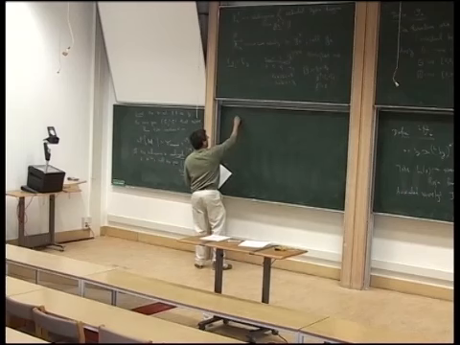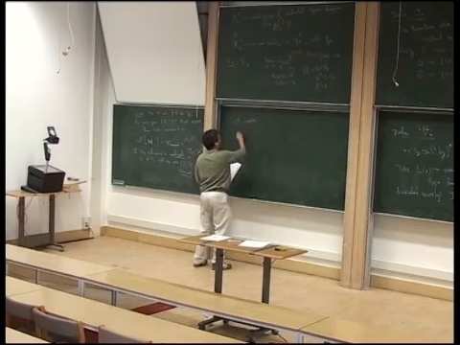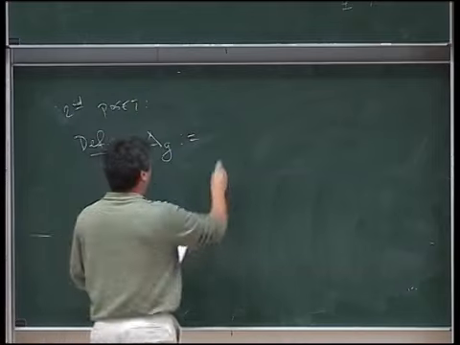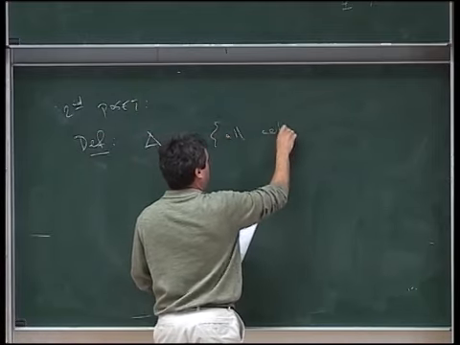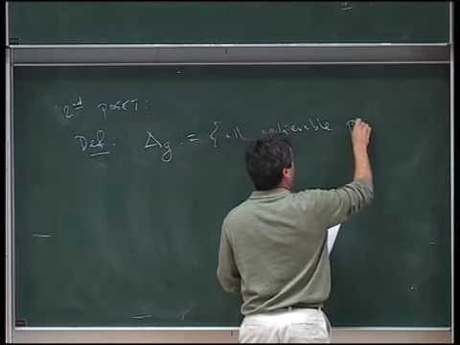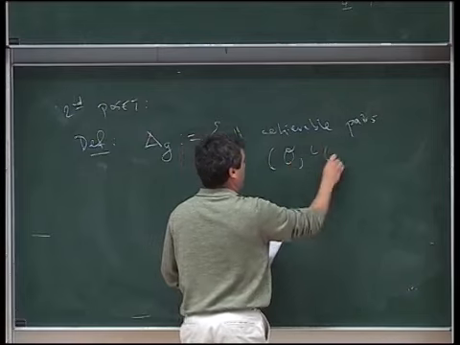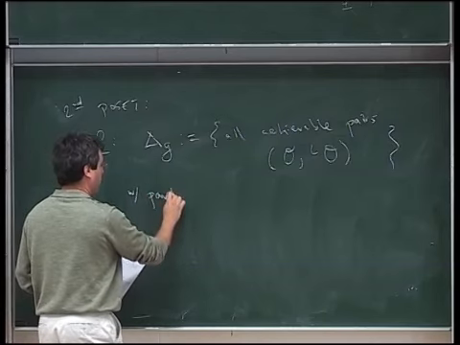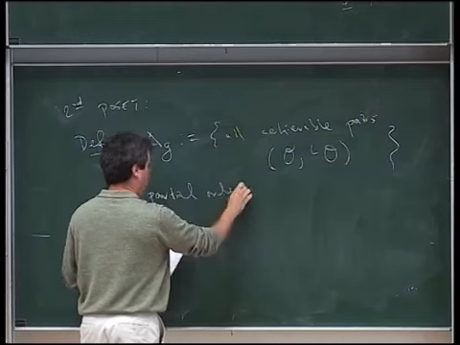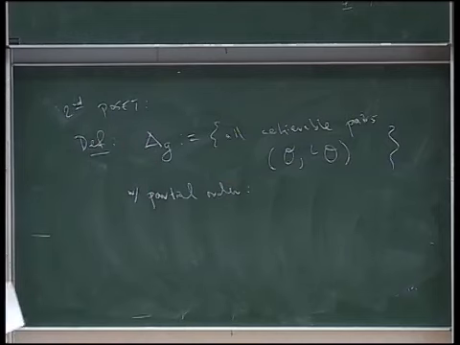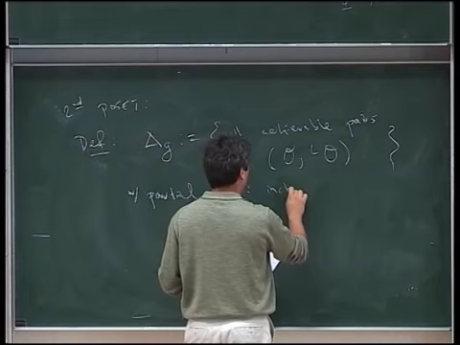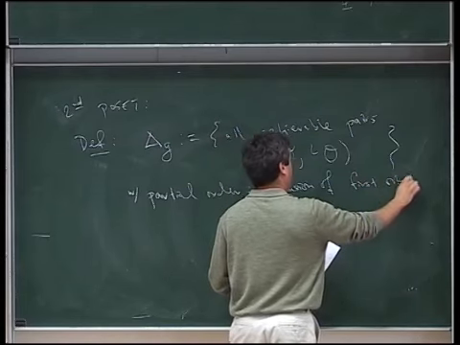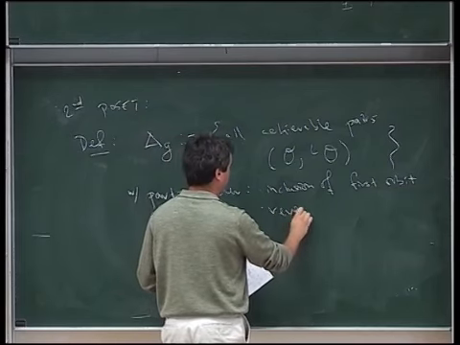So our second poset, Delta sub G, is the set of all achievable pairs, and here the partial order is inclusion of the first orbit and reverse inclusion on the second.